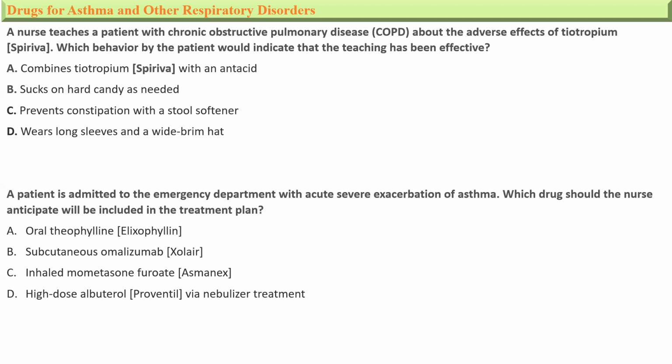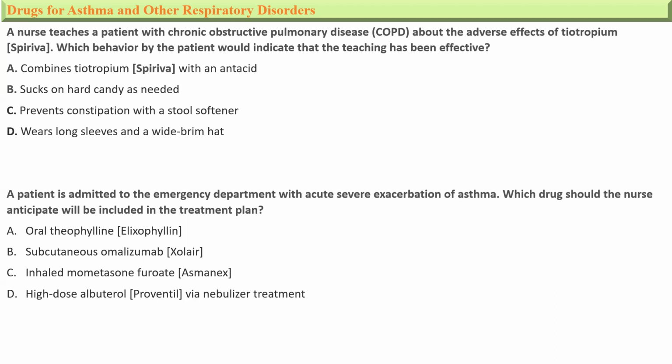The oral theophylline is used for maintenance therapy of stable asthma, not for treatment of exacerbation. Xolair is a second-line agent indicated for allergy-related asthma and can only be used when preferred options have failed.